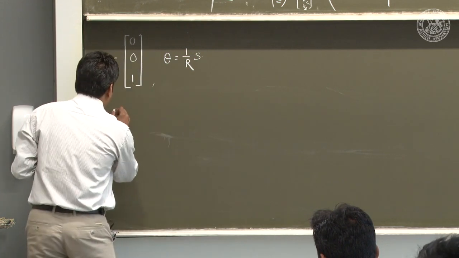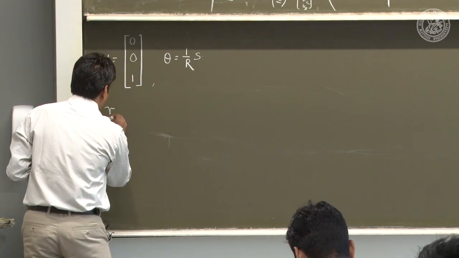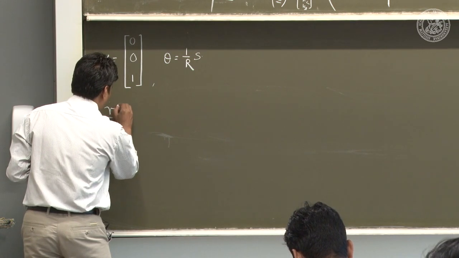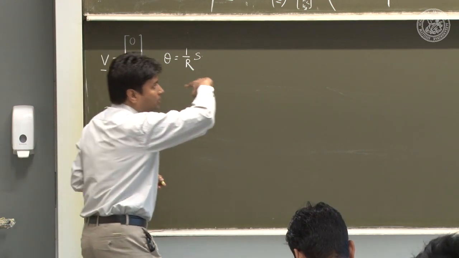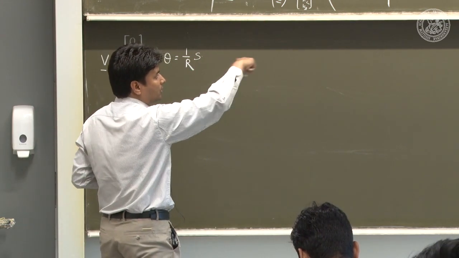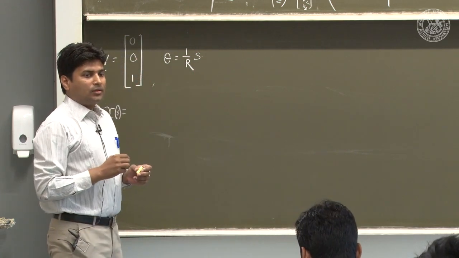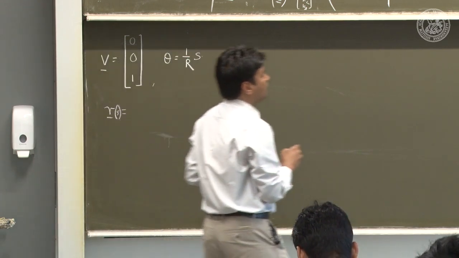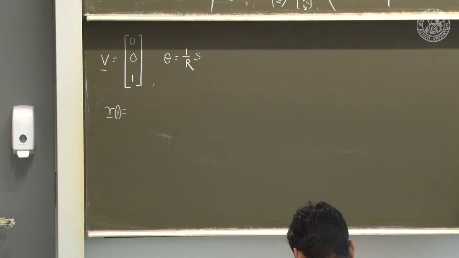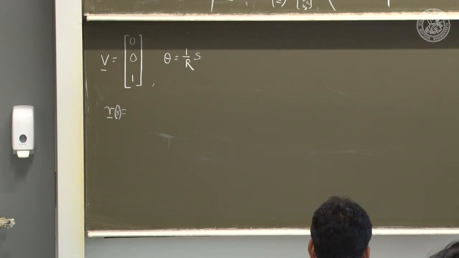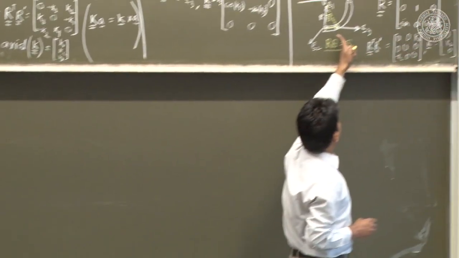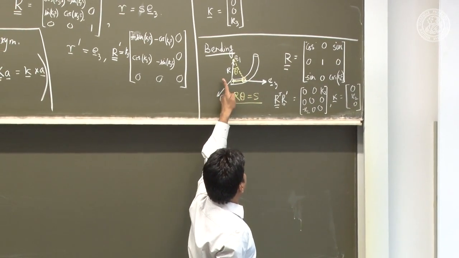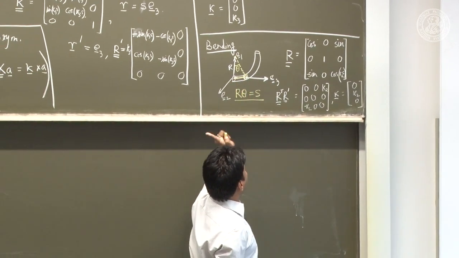Let's look at what little r of S is. We have to get the equation of this circle. For any S, what are its E1, E2, and E3 components?